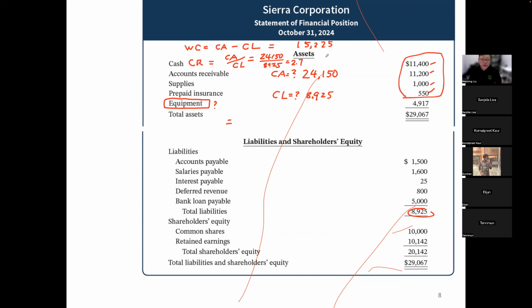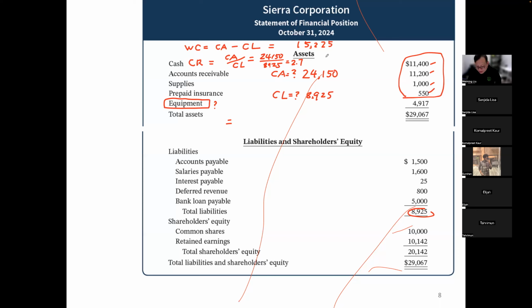Do they have the short-term ability to pay for the maturing liability? Do they have enough money to pay? Do they have enough current assets to pay for the current liability?